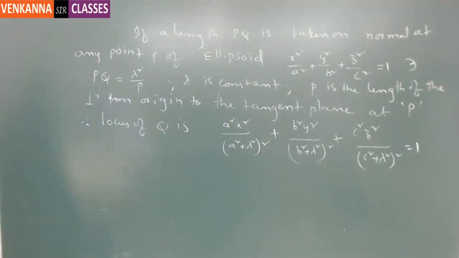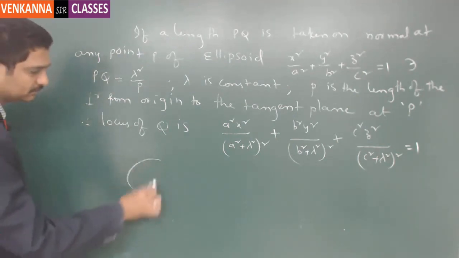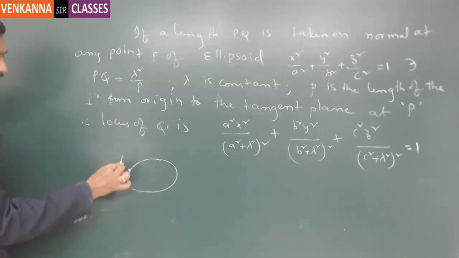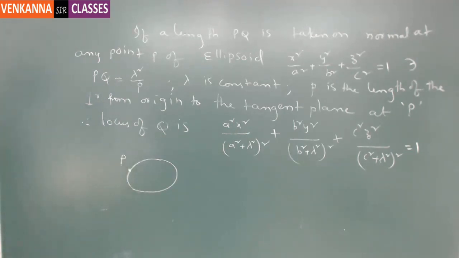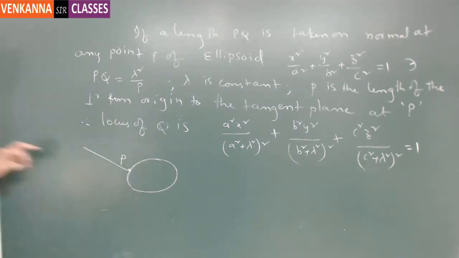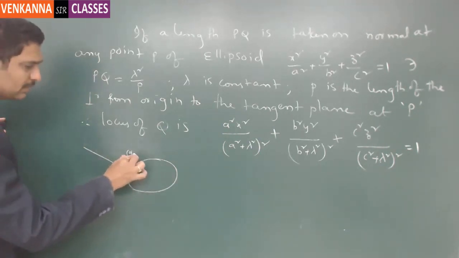So this is another problem similar to the previous one, but somewhat easy. So first take a note of it, then we discuss the approach. Right? So let us draw a small picture for understanding. So this is the ellipsoid. This is the point P. At this point, a normal is drawn to the ellipsoid. So the point P is nothing but alpha, beta, gamma.